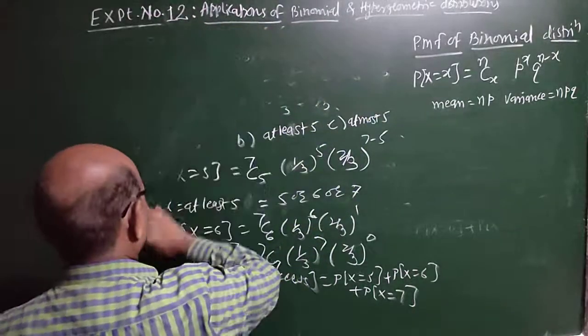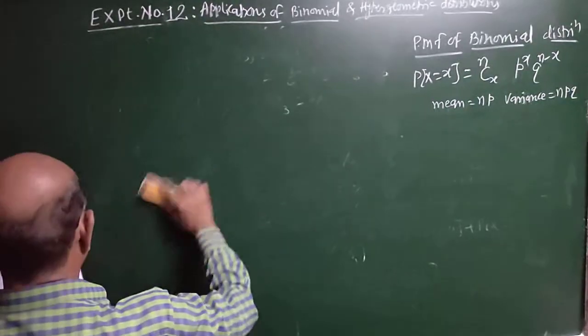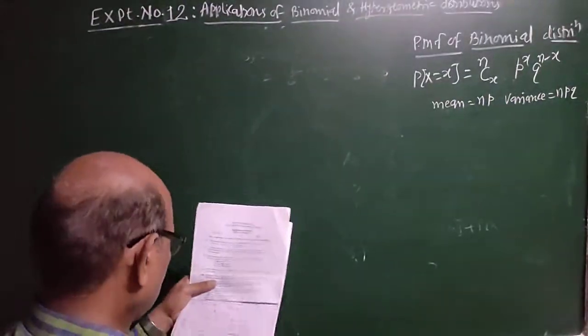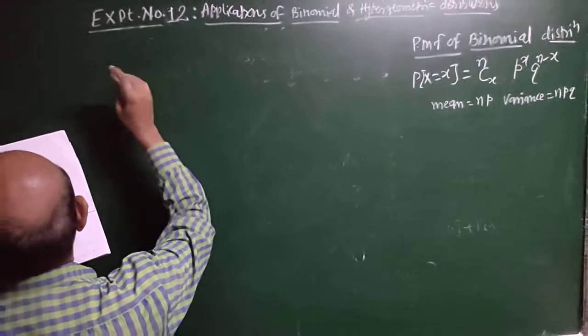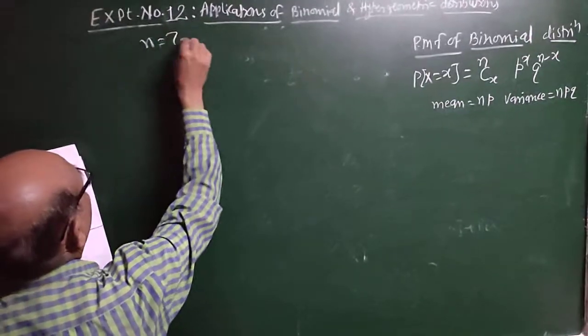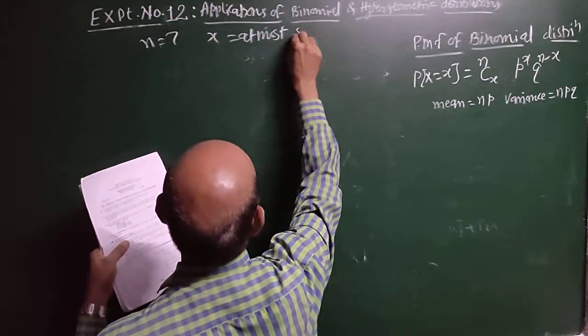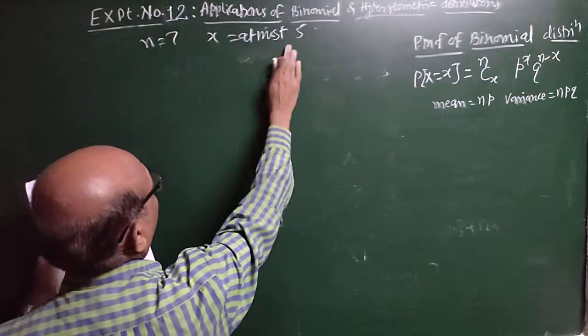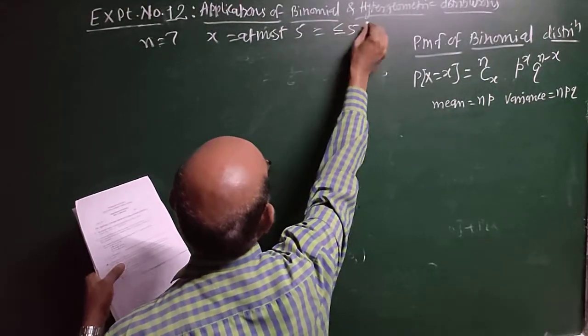Now the C part is at most 5. Here N is 7 and X is at most 5, which means maximum 5 successes. So 5 or less than 5. So this is the same as less than or equal to 5.